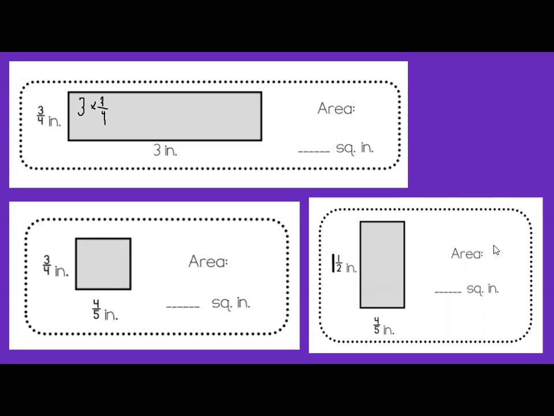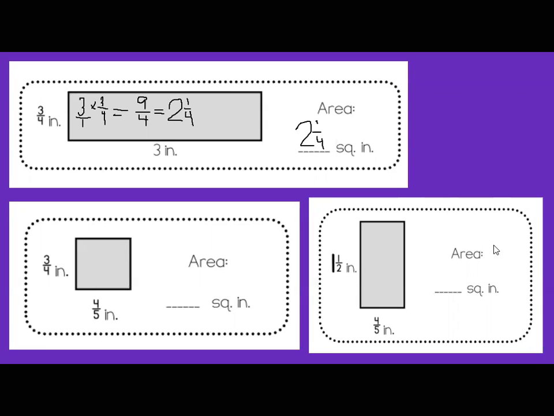And again, since we're dealing with a whole number, I'm going to put that over 1 so we can multiply across. 3 times 3 is 9. 1 times 4 is 4. 4 will divide into 9. We can make 2 groups of 4 with 1 left over. So that gives us an area of 2 1/4 square inches.